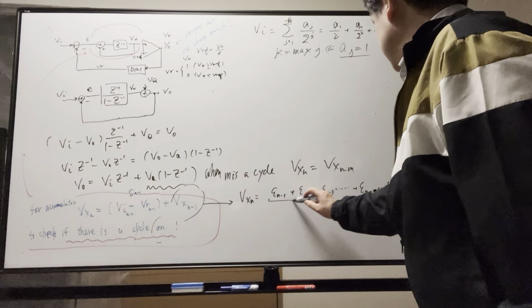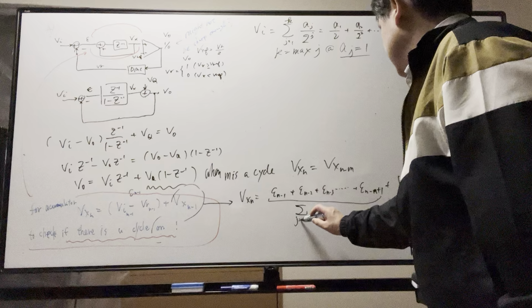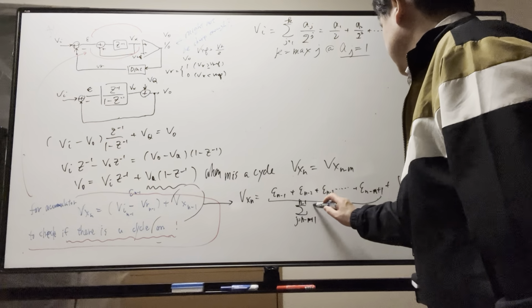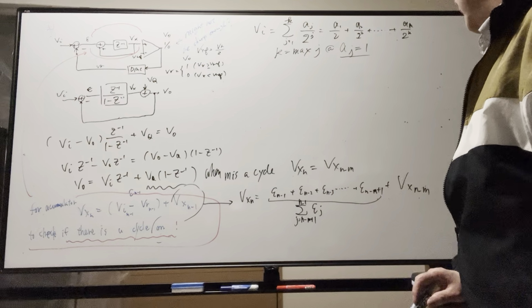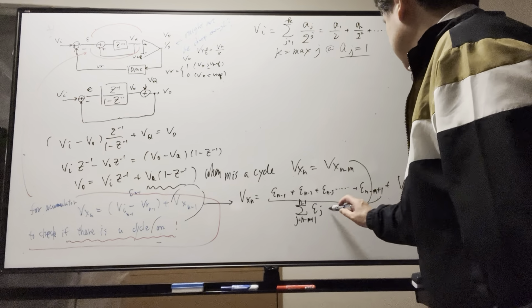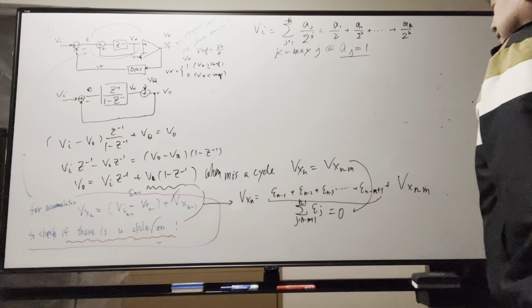So this is the summation with respect to j equal n minus m plus 1 to n minus 1 of ej. In this case, this goes to 0 because it cancels out.